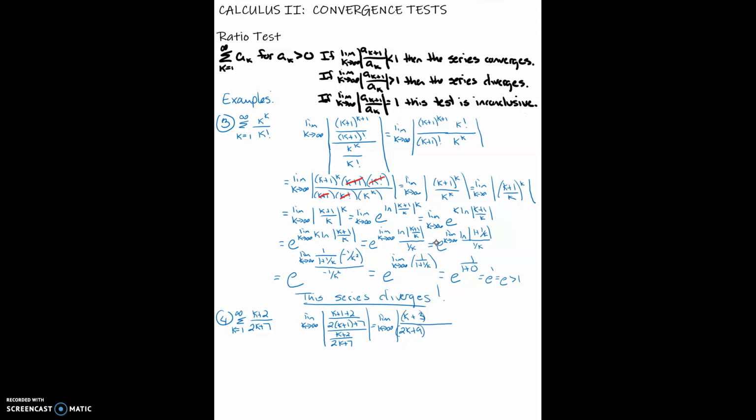Clear that complex fraction. It gives us 2k plus 7 times k plus 3 over 2k plus 9 times k plus 2.